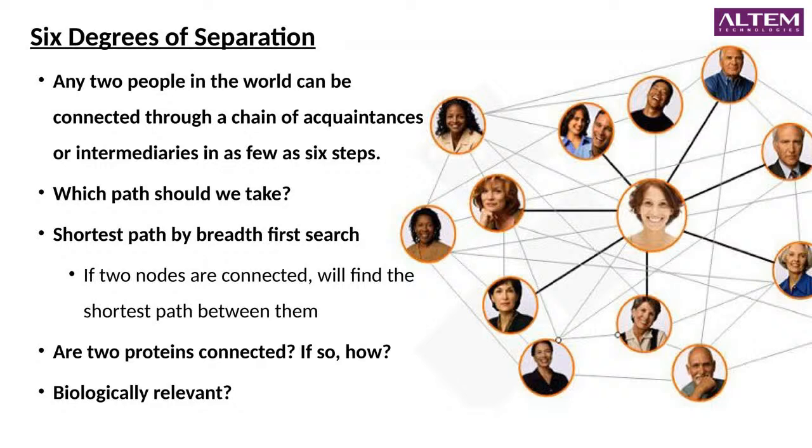But how do we know how we are connected? There is a computer science algorithm called breadth-first search, a fundamental graph traversal algorithm in graph theory, which is used to find the shortest path between two nodes in an unweighted graph.